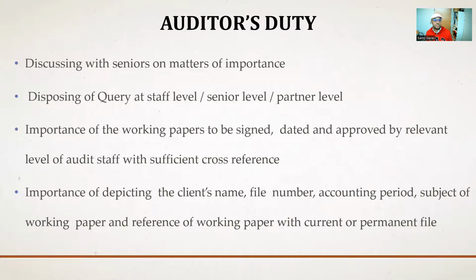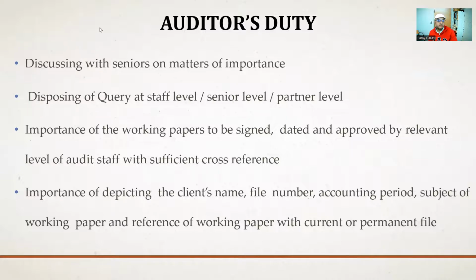Discuss the documentation with the senior on any matters of importance. So this usually happens in the audit office between the lead of the audit engagement and the audit partner. And then if there are any questions, he will send them to the partner and try to get some replies for that.